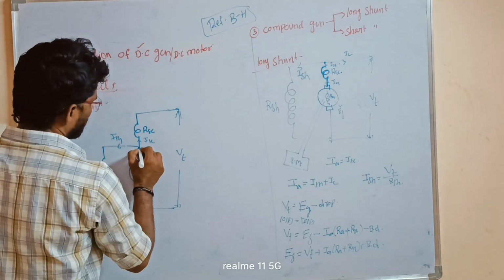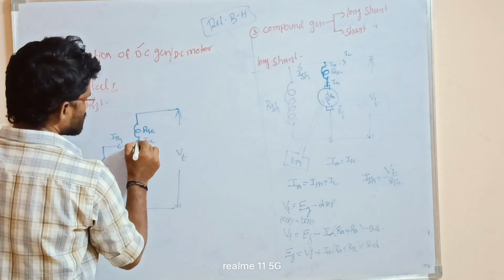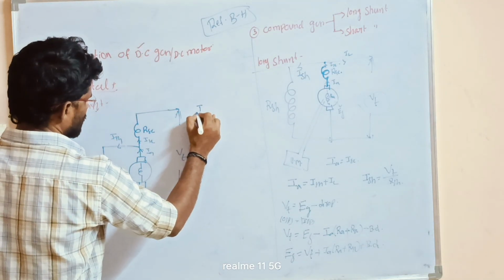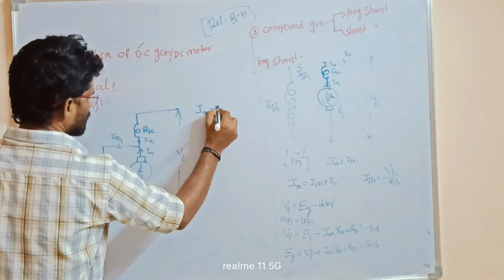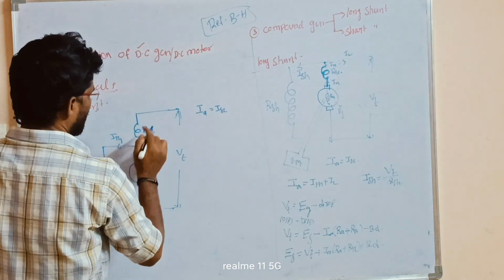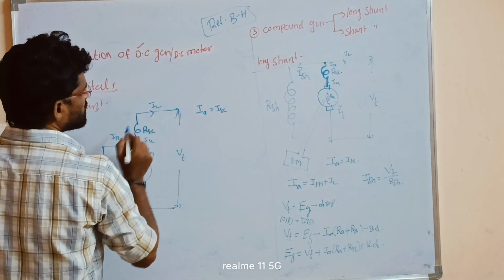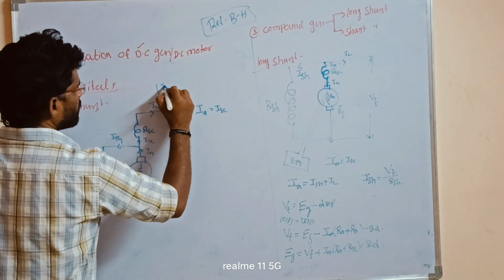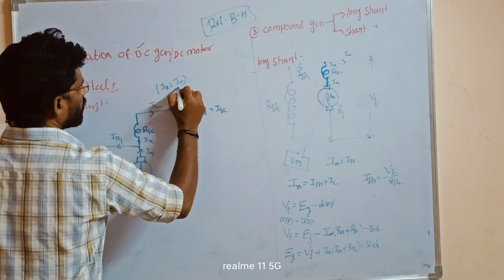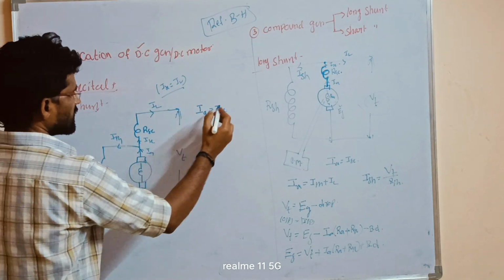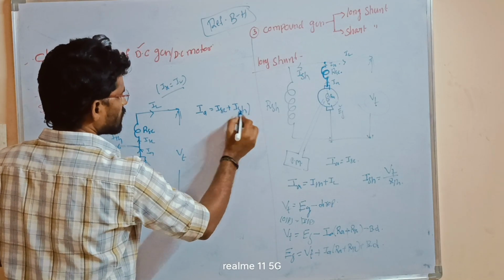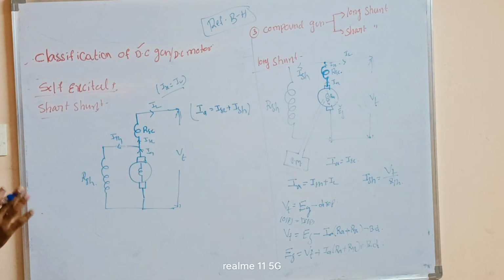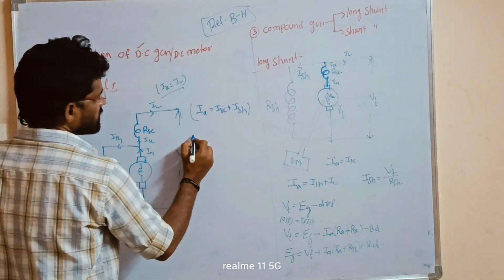At the node point, these are entering and these are leaving. So IA is the entering current, and ISC and IL are the same. So ISC is equal to IL, so IA is ISC plus ISH.